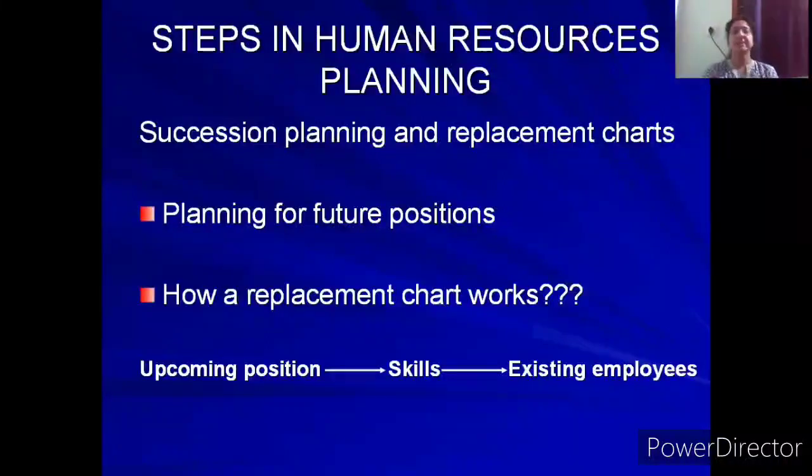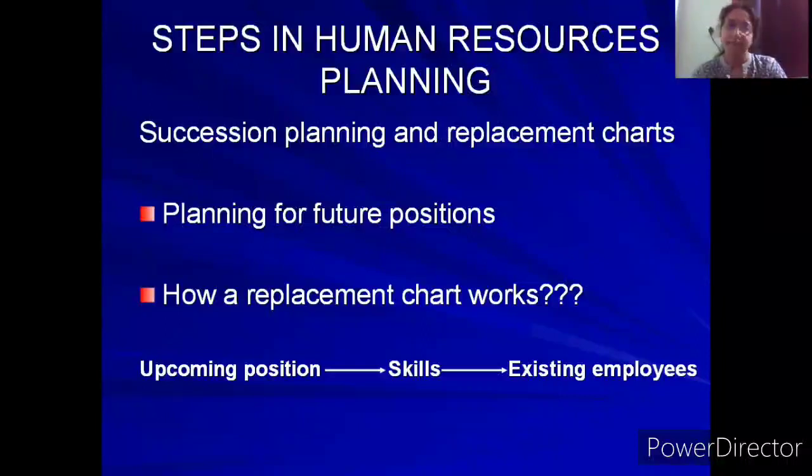What happens in a replacement chart is, many times a top executive will tell many years in advance before his or her retirement that after so many years a position is going to become vacant.